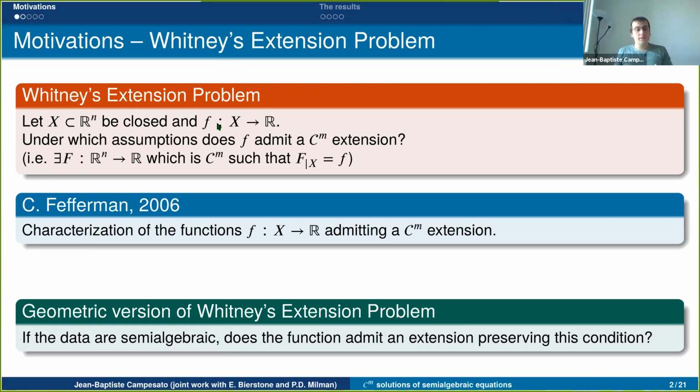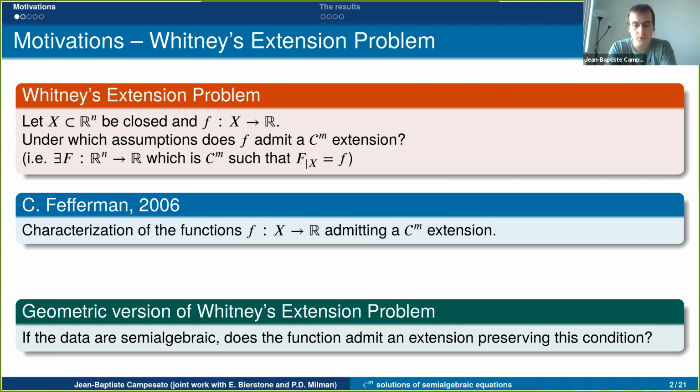And the question is, how can you determine whether f admits an extension which is not only C^m, but which is also semialgebraic, so which preserves these geometric properties from the data. So that will be the first question that I will address.